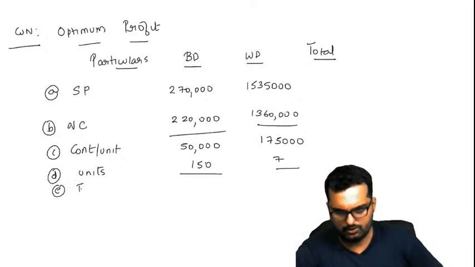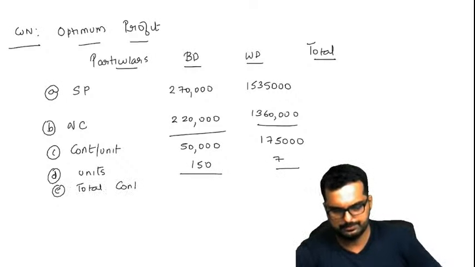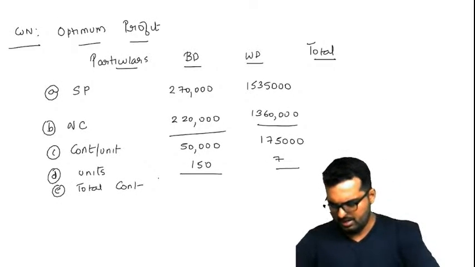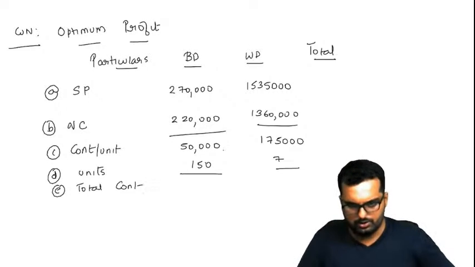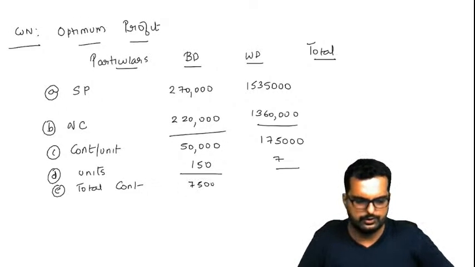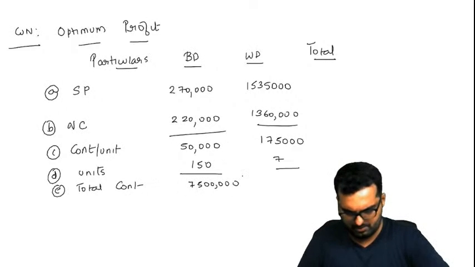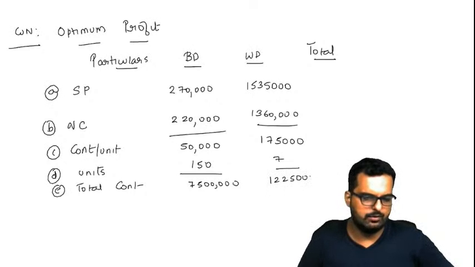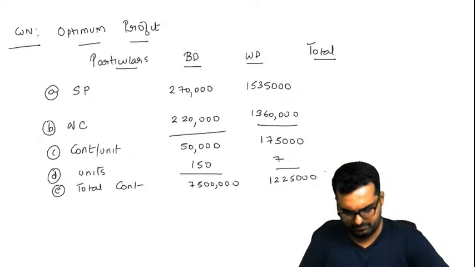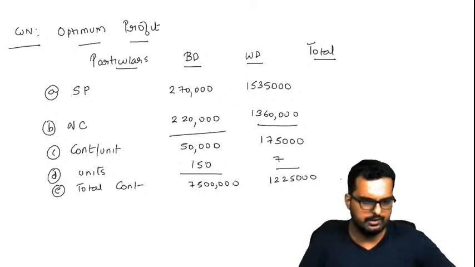From this, can I find out the total contribution? Do I get 75 lakhs for the first one, 12,25,000 for the second one, total 87,25,000.